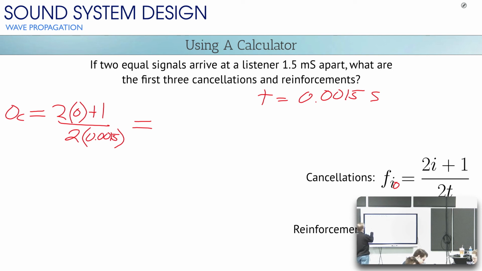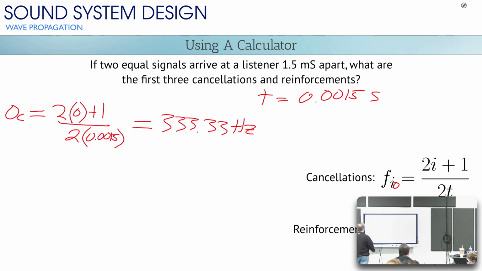So we know that 2 times 0 is 0, right? So you're really talking about 1 divided by 2 times 0.0015. So it would really be 1 divided by 0.003, right? What do you get? Yeah, that's what I got, 333.33 hertz. That is the first frequency that will cancel out for a 1.5 millisecond delay.